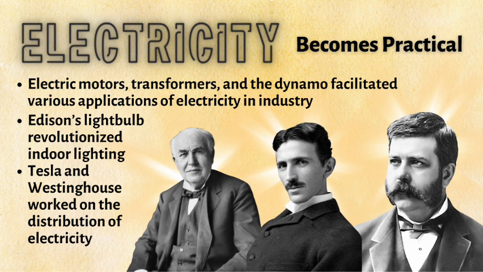Thomas Edison's invention of the incandescent light bulb in 1879 and his development of electricity distribution systems revolutionized indoor lighting. Nikola Tesla's work on alternating current, which is AC, systems allowed for efficient long-distance electricity transmission. And George Westinghouse purchased patents from Nikola Tesla in 1888 that were critical for building a functional AC power system, including the induction motor and transformer designs.